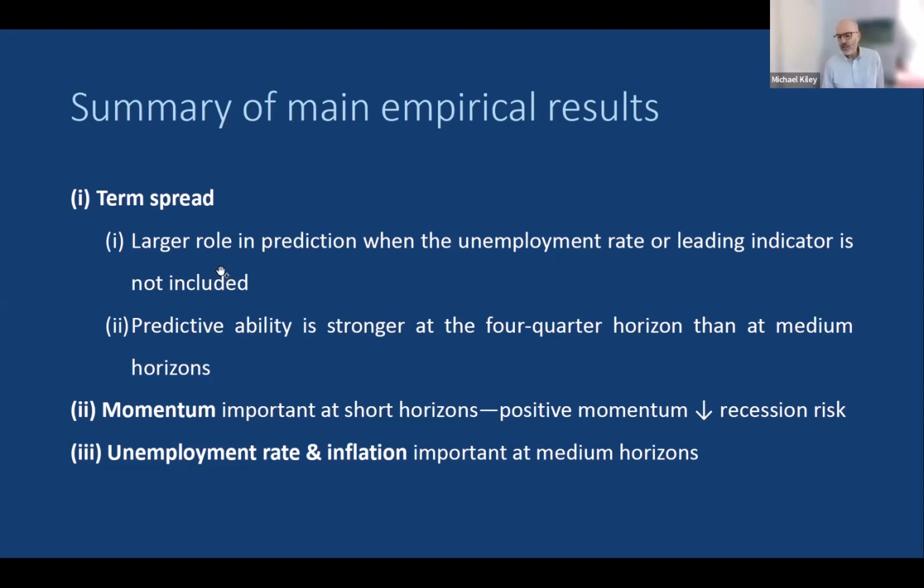Momentum, the leading indicator, is very important at short horizons. It's always among the best predictors, right? Positive momentum, very low probability of a recession. The economy looks good, so you're not going to get a recession in the next 6 months. And then the unemployment rate and inflation appear, in US history from 1965 to 2019, to be quite important precursors of a recession.